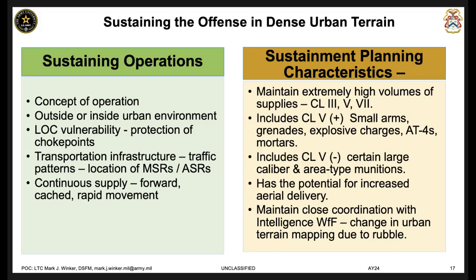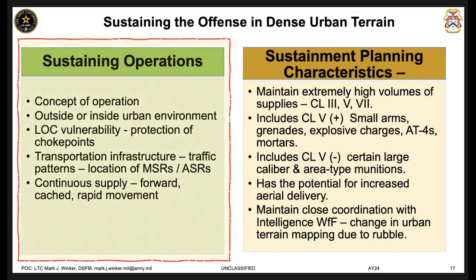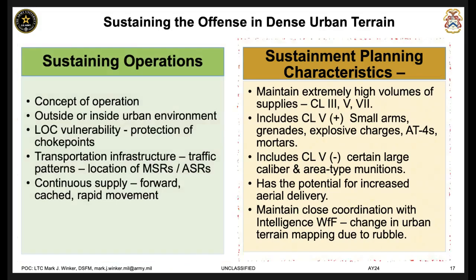This slide outlines key aspects of sustaining operations in dense urban terrain. It emphasizes the importance of adapting the concept of operation for urban environments, addressing vulnerabilities of lines of communication, or LOCs, and ensuring transportation infrastructure supports continuous supply through main supply routes, MSRs, and alternate supply routes.